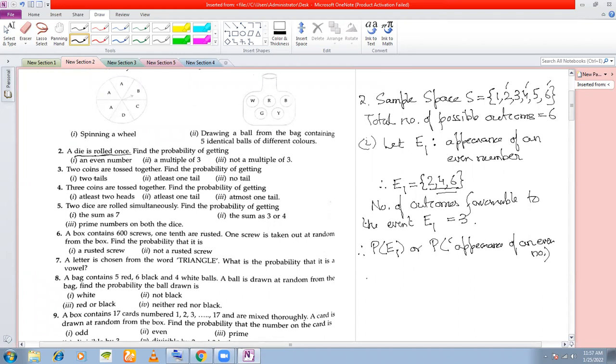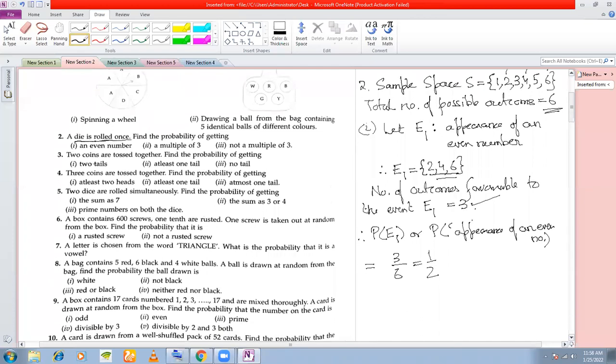The number of outcomes favorable to the event is 3, and the total number of possible outcomes is 6. So your probability is half. Any question? No, sir. Okay.